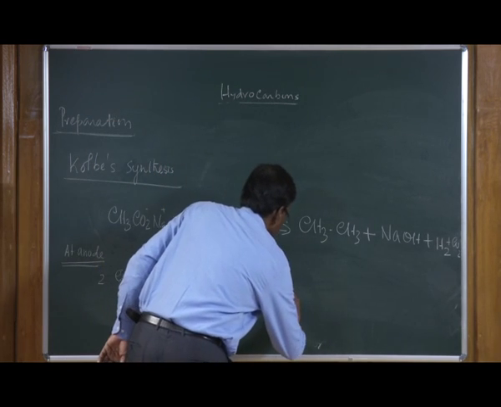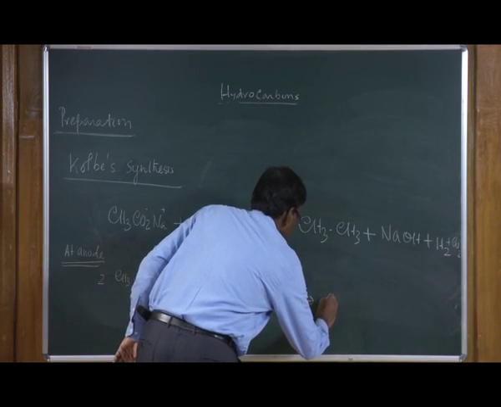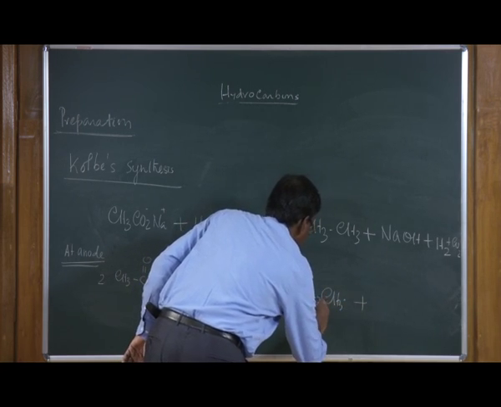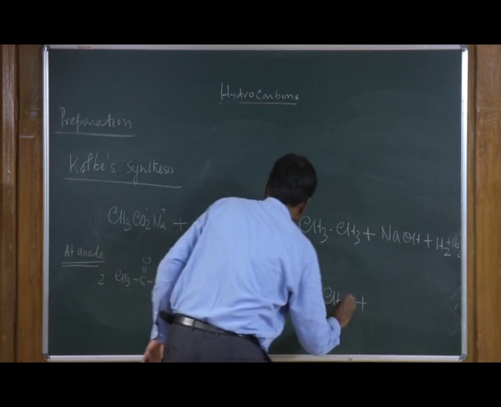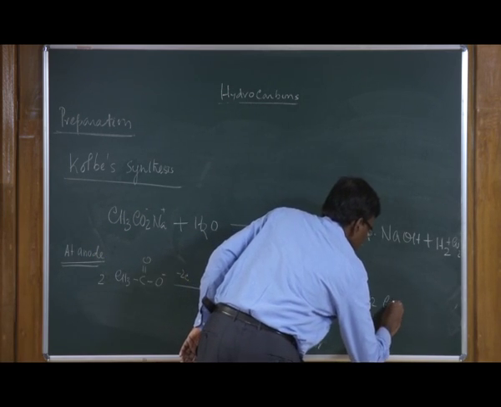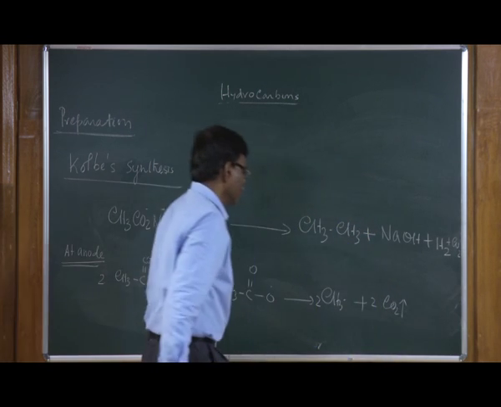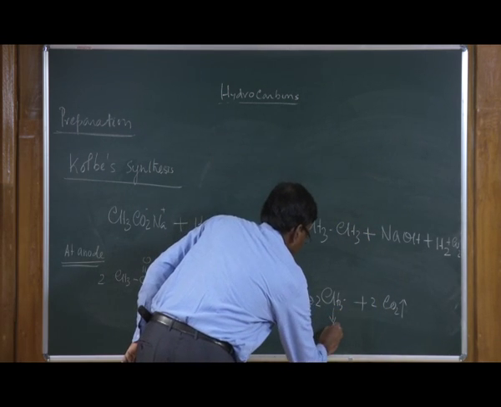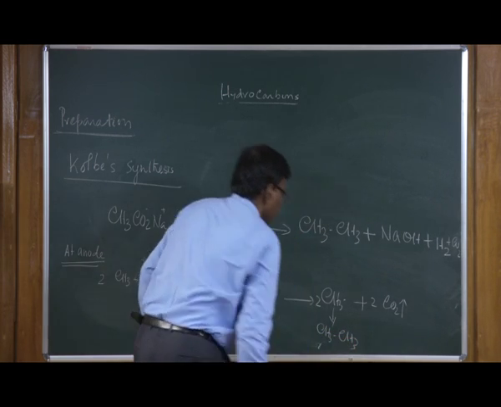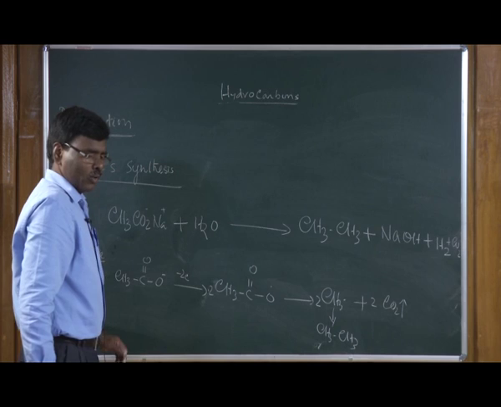This radical can release carbon dioxide, and you generate the methyl radical, 2 methyl radicals. These 2 methyl radicals combine together and you generate ethane. This is what happens at the anode.